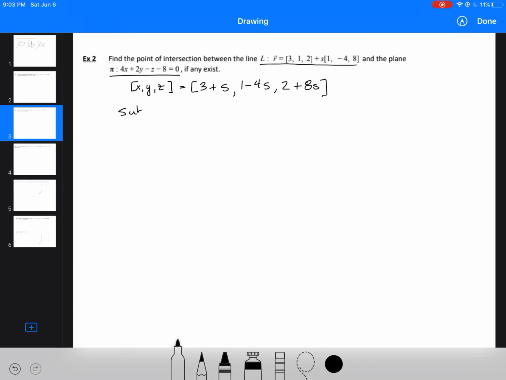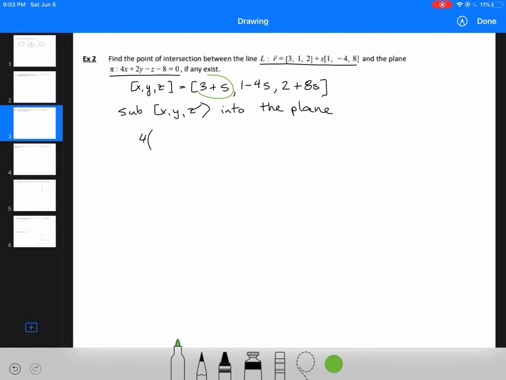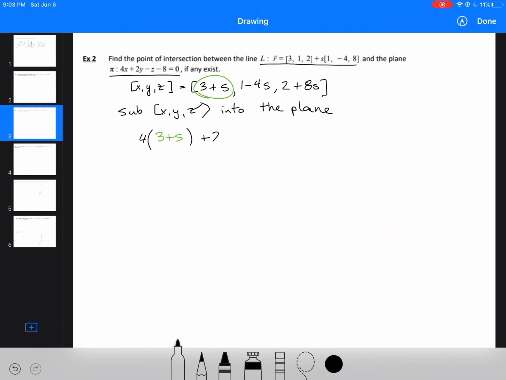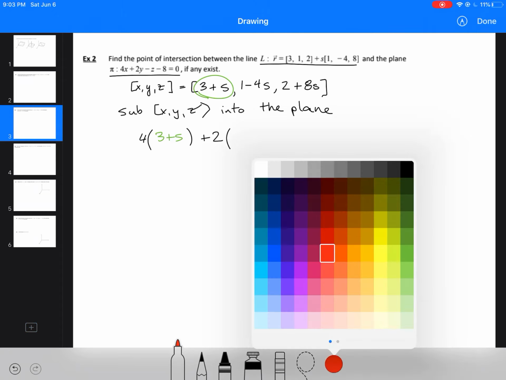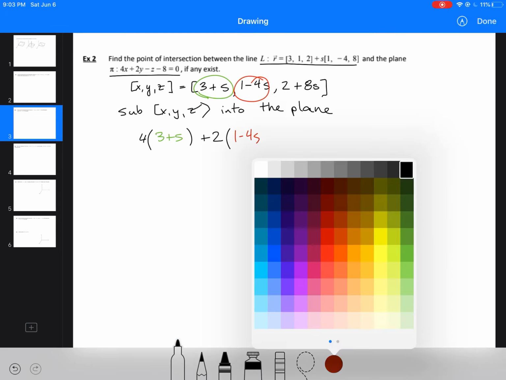So now we're going to sub our x, y, z into the plane. So same thing here. We've got 4 times our x, which is here, 3 plus s, plus 2 times y, which is here, 1 minus 4s.